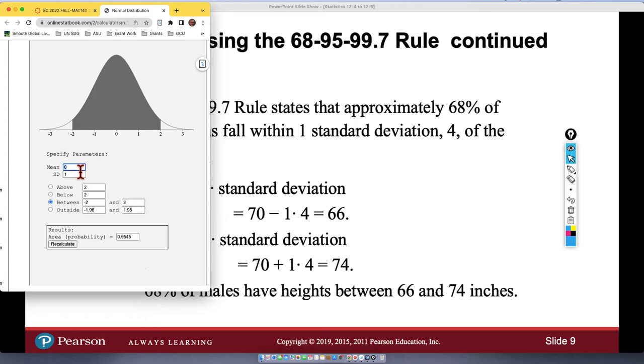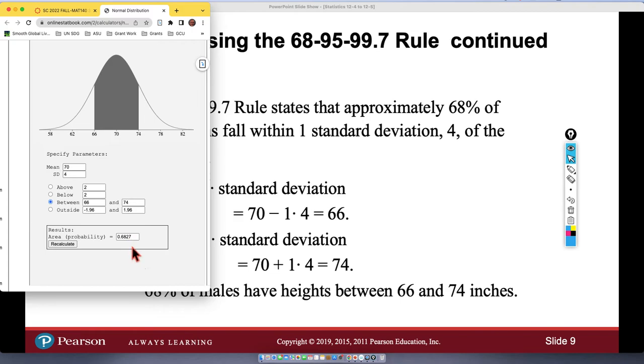We can put in the mean, which they gave us, the mean was 70. We can put in the standard deviation, which was 4. And then if we want to find the percent between two values, we want to find the percent between 66 and 74. Watch, I'll calculate it.